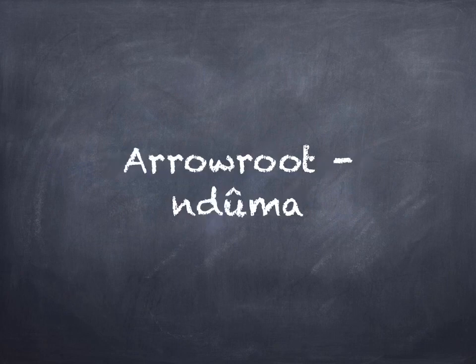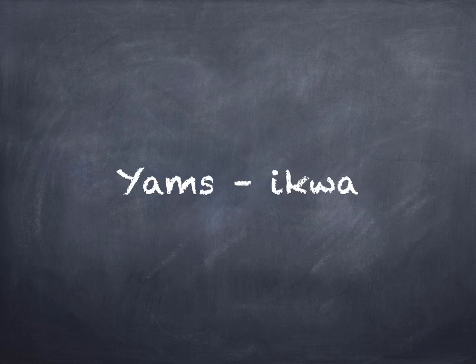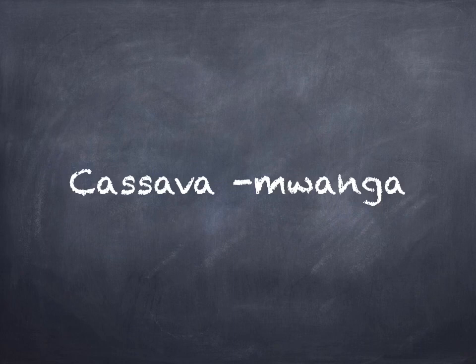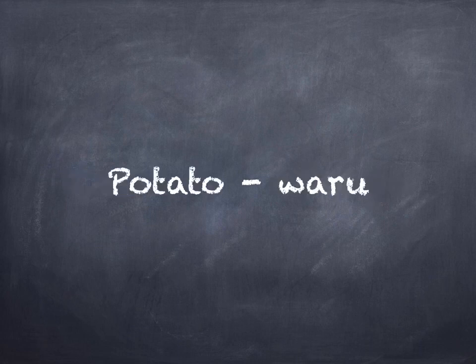Arrowroots, doma. Yam is known as gîkûyû, and the plural is ikwa. Cassava is known as mwaga, and the plural is meaga. Potatoes are known as waru.